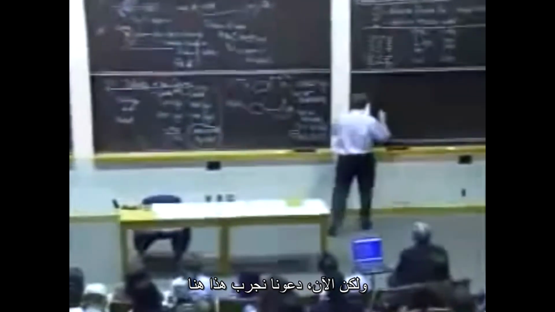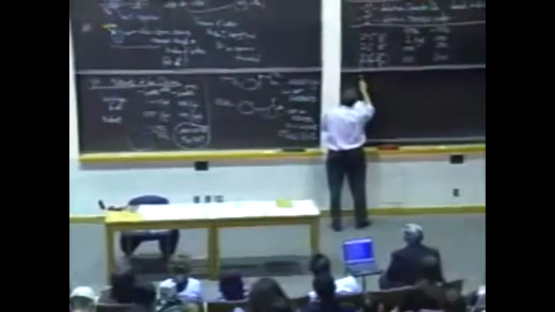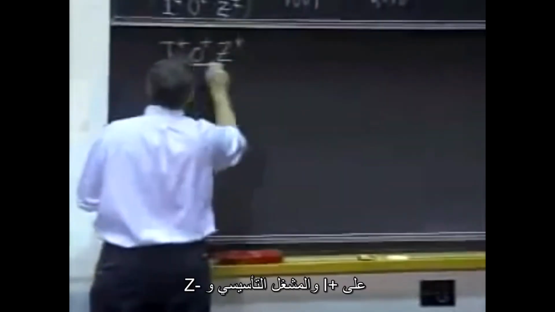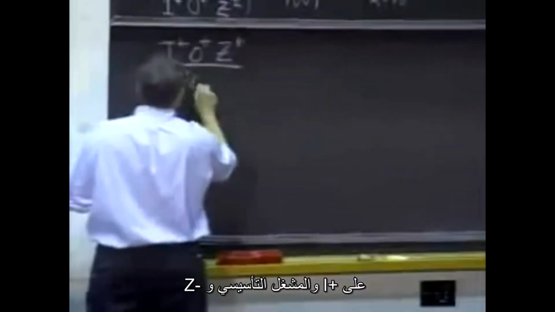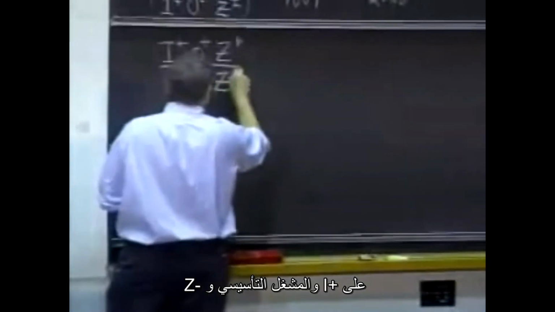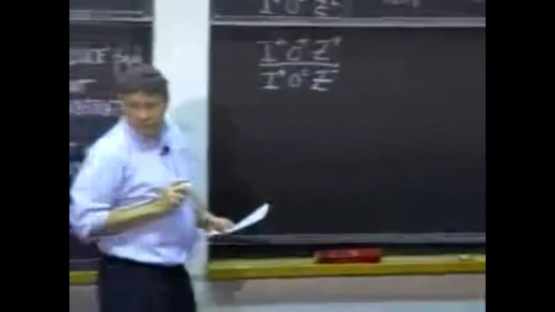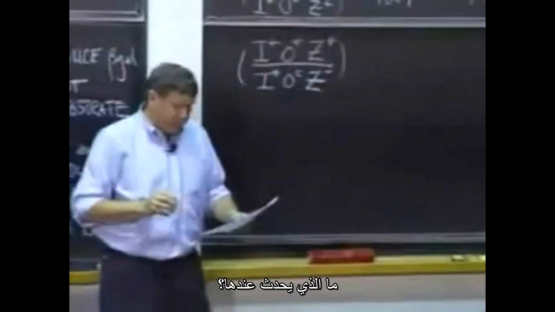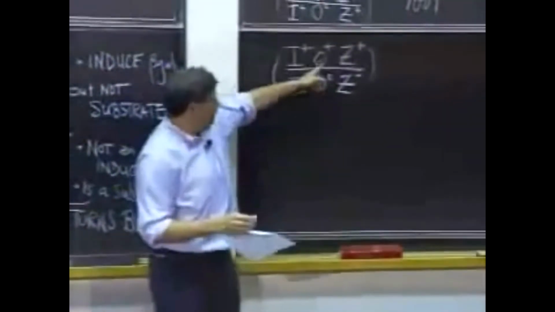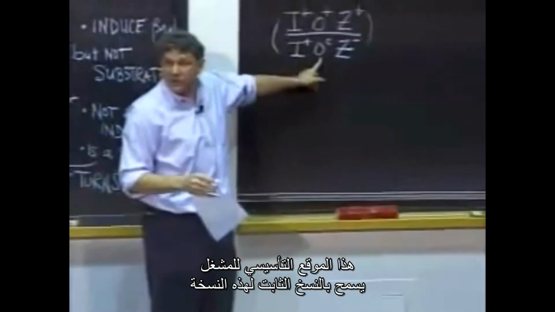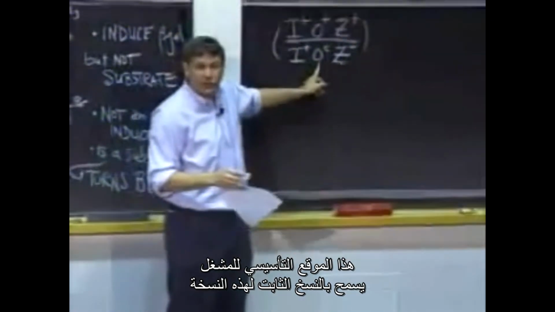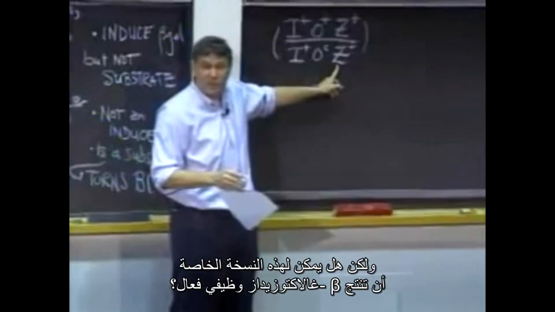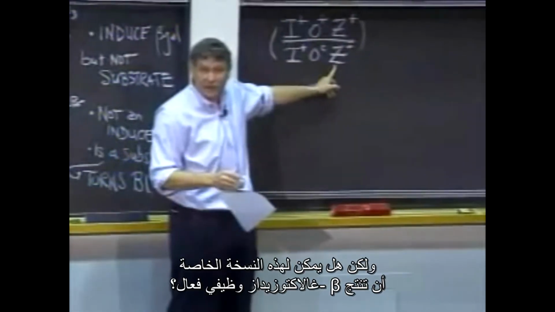But now let's try this one here. I plus, O plus, Z plus, over I plus, operator constitutive, Z minus. What happens then? This operator constitutive site allows constant transcription of this particular copy. But can this particular copy make a working functional beta-gal?